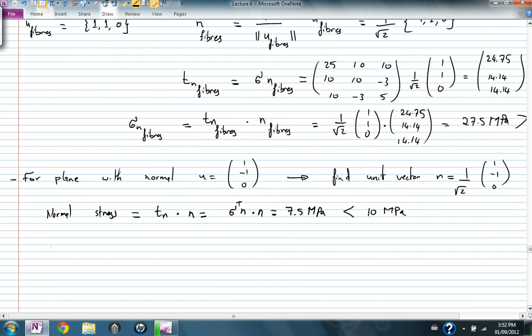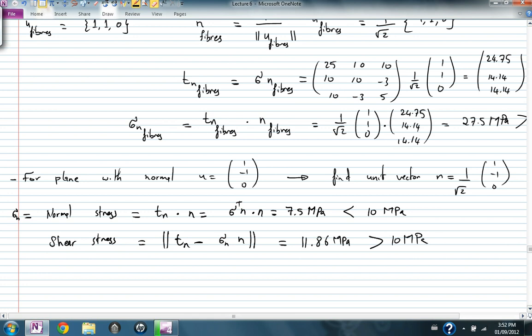The shear stress, which is the norm of the remaining vector, Tn minus sigma n in the direction of n, will be given by 11.86 MPa, which is greater than 10 MPa that's given in the problem.